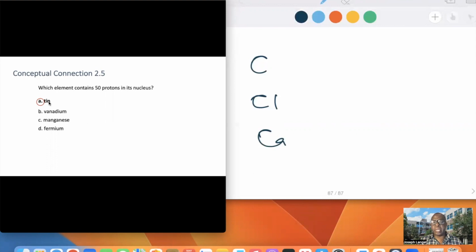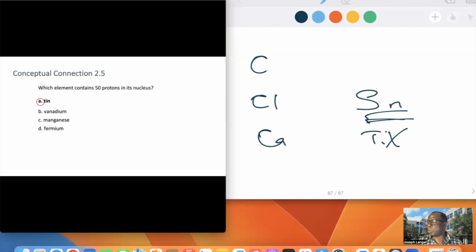All right, Sn. You need to know as well Sn. In case you are wondering why Sn and not T for tin, it is because it has a Latin name.